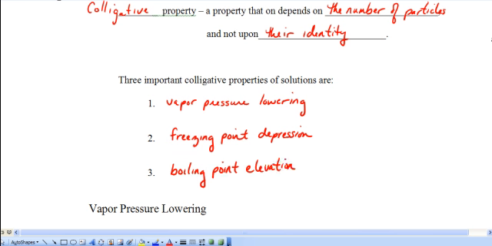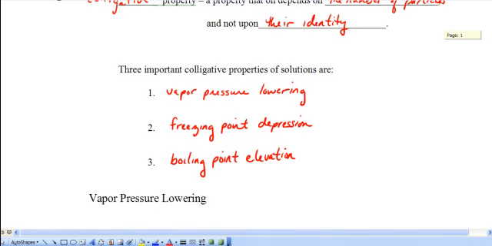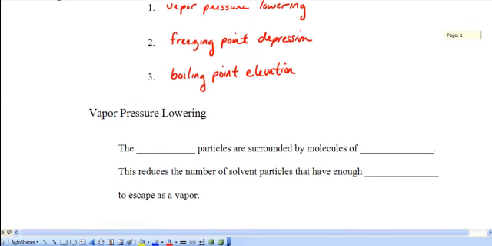Alright, so let's go ahead and jump in and see what's going on with these colligative properties.